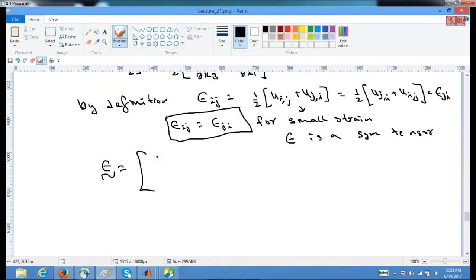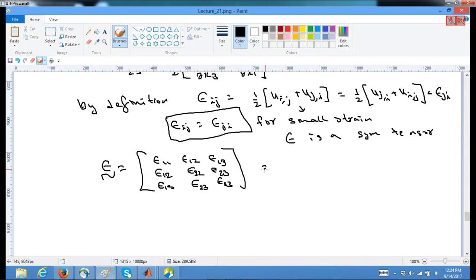Epsilon is epsilon 1 1, epsilon 1 2, epsilon 1 3, epsilon 2 2, epsilon 2 3, epsilon 3 3. 2 1 is the same as 1 2, so I will write it again as 1 2. 3 1 is the same as 1 3, so again I will write it as 1 3. 3 2 is the same as 2 3, so I'll write it like this.